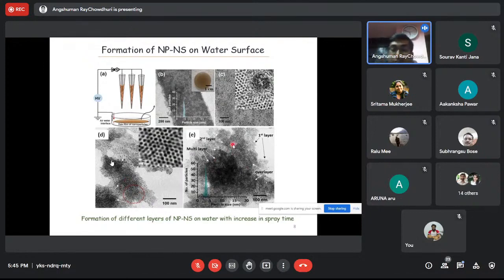Previously we got the 2D assembly of the materials, 2D crystals, and if we spray more and more, then droplet upon droplet deposition will occur, and there is a possibility of forming 3D crystals. We can use this type of electrospray as a 3D printer. We can generate 3D crystals of different metals, and they can be applied for many versatile applications.